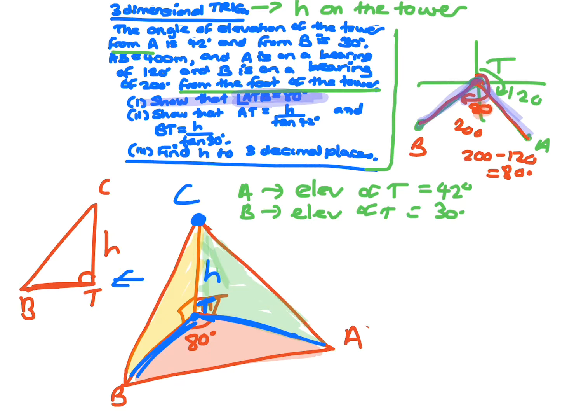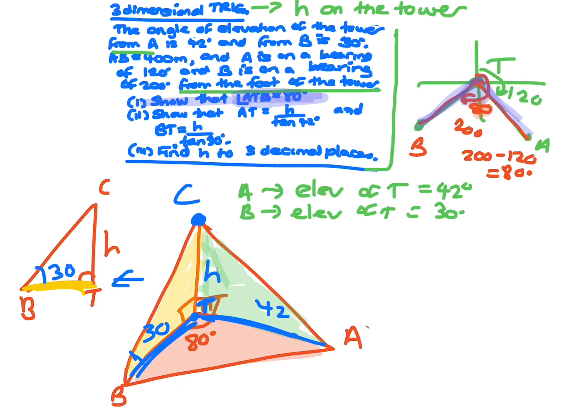So we know that the angle in here is equal to the angle of elevation. They said the angle of elevation from B is 30 and from A is 42. So that means that angle in there is 30.